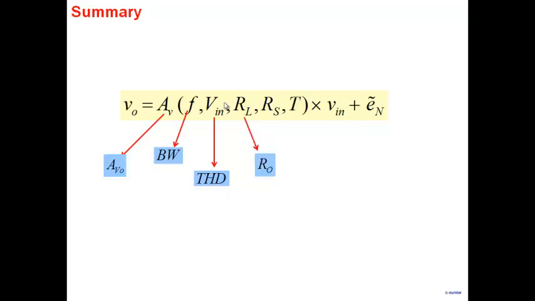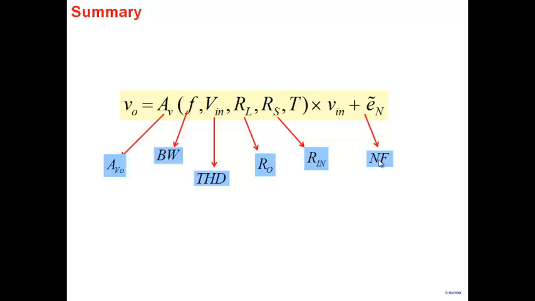The dependence of the amplifier on RL we specify in terms of output resistance, and in addition to that, I should add the output current drive capability. The dependence on RS we specify in terms of RIN, the input resistance. The dependence on noise we specify in terms of noise figure, noise factor, input referred noise.